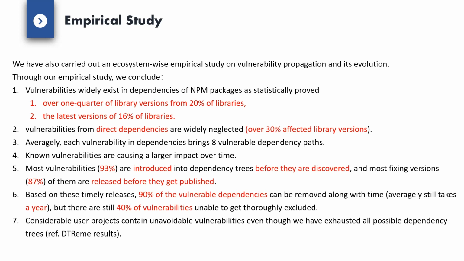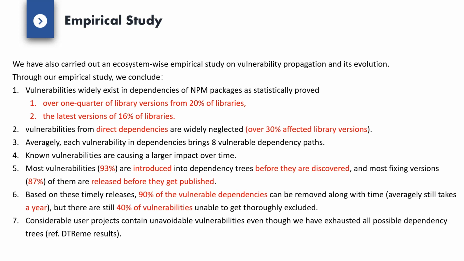Fifth, most vulnerabilities are introduced into dependency trees before they are discovered, and most fixing versions of them are released before they get published. Based on these timely releases, 90% of the vulnerable dependencies can be removed along with time.